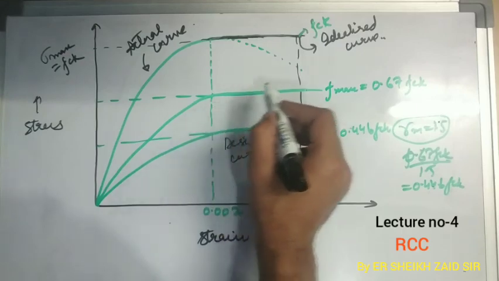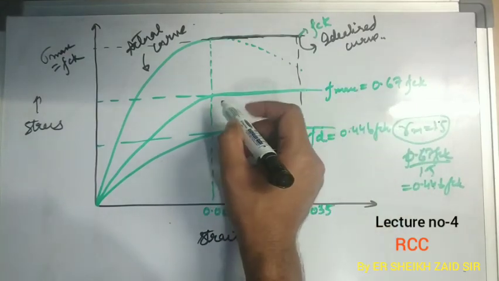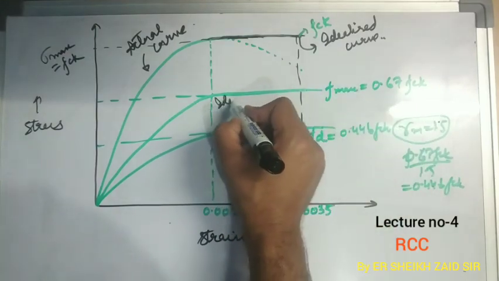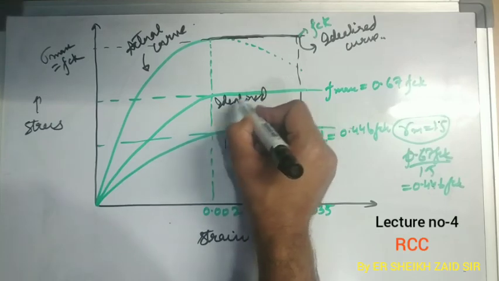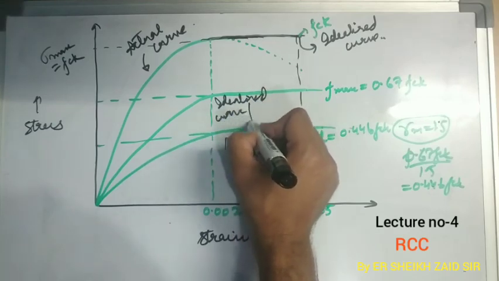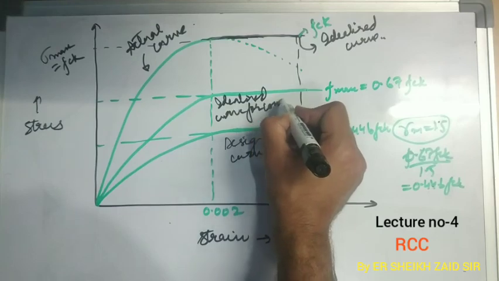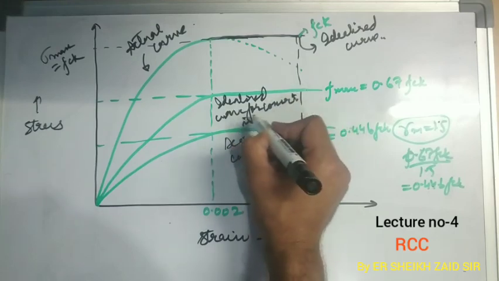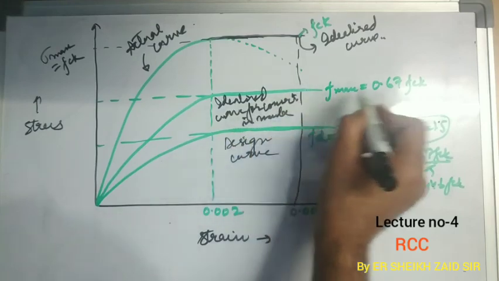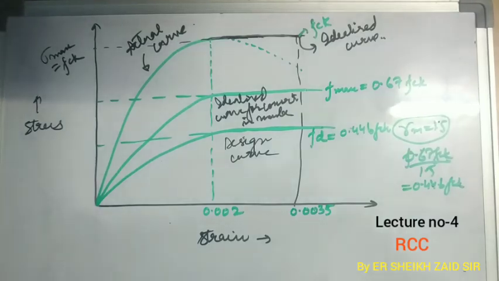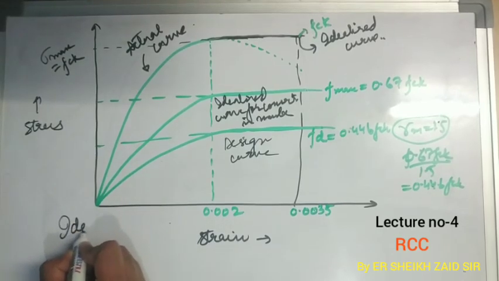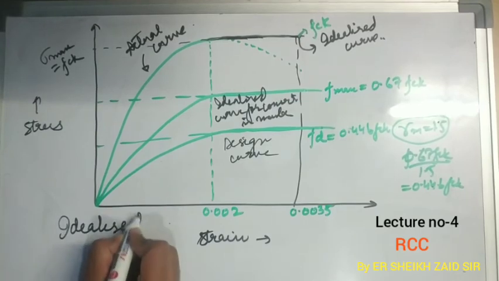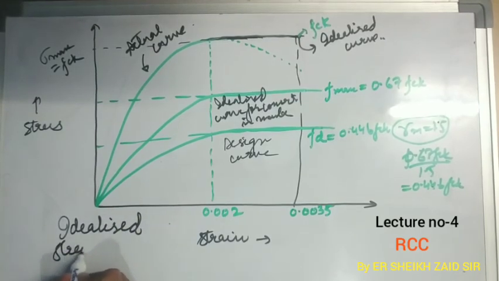Similarly, the stress corresponding to the idealized curve for concrete in the member is given as 0.67 FCK. So this was all about the idealized stress strain curve of concrete.